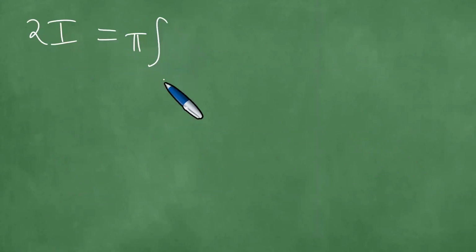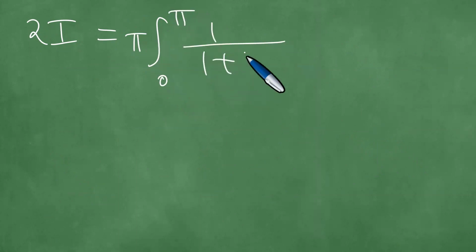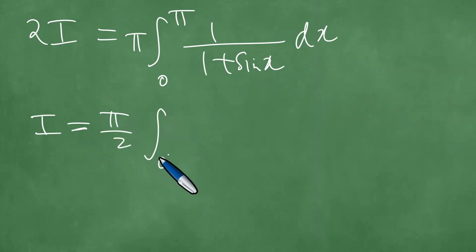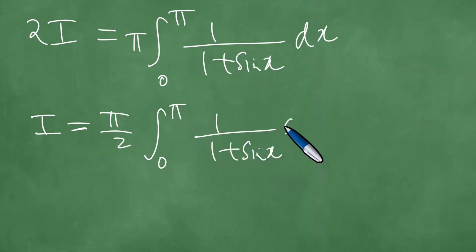So we have twice I equals pi times the integral from 0 to pi of 1 over 1 plus sine x dx. We multiply by 1/2 on both sides, getting I equals pi over 2 times the integral of 1 over 1 plus sine x dx.